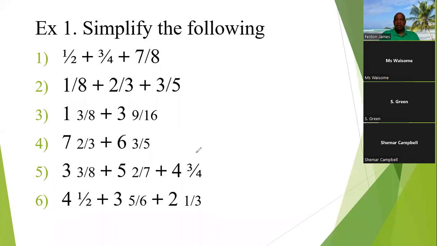All right, now we have question 4. Who would like to walk us through question 4? Mr. Shamar, would you like to walk us through question 4? I haven't done it as yet, sir.